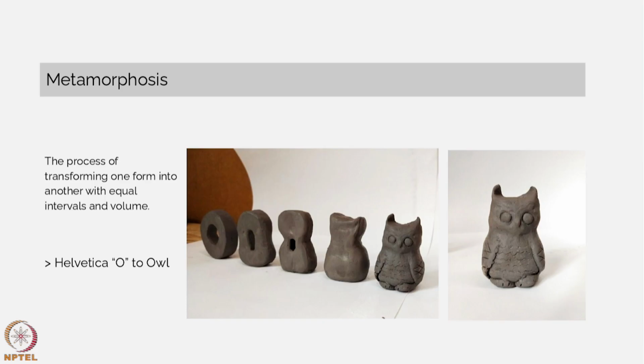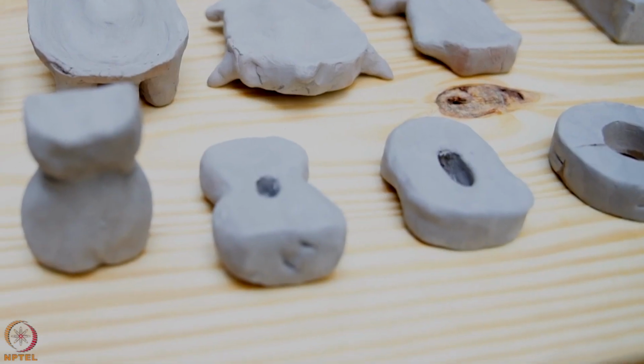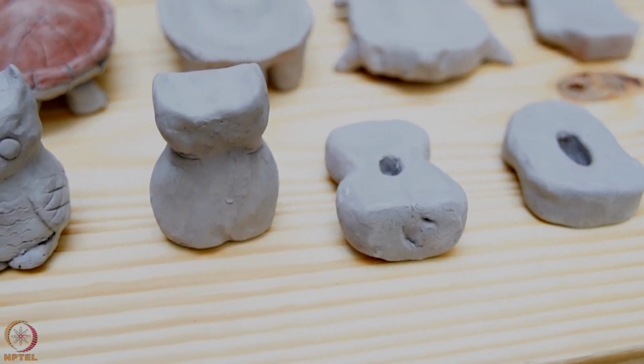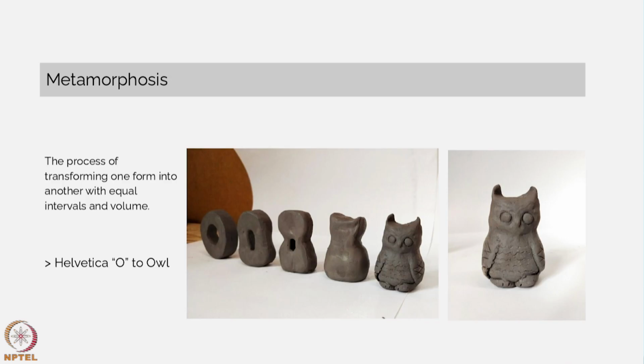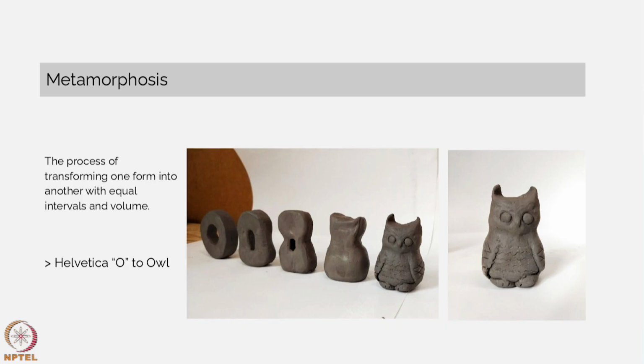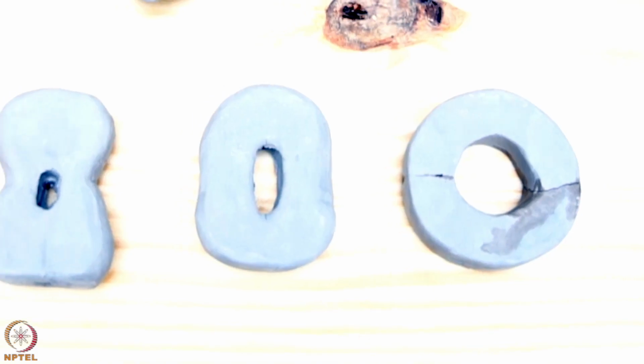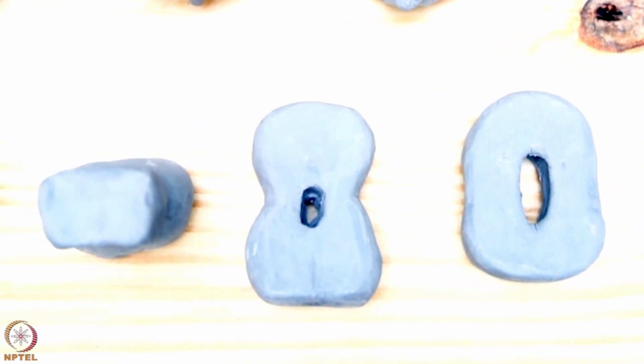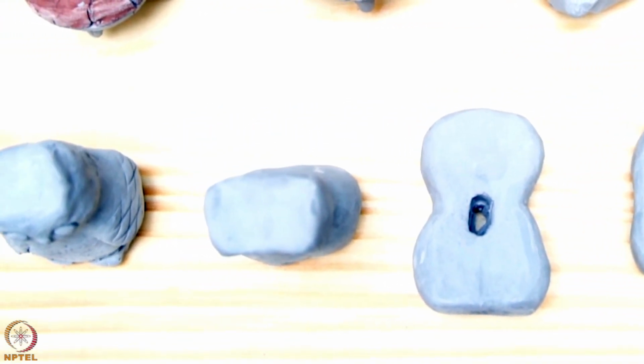So metamorphosis is just transforming one form into another. Something important which we learned was keeping an equal interval between each step and following the same volume across all 5 models. So here I took a Helvetica O as a letter and changed it to the form of an owl.